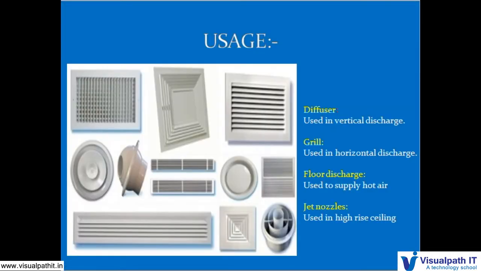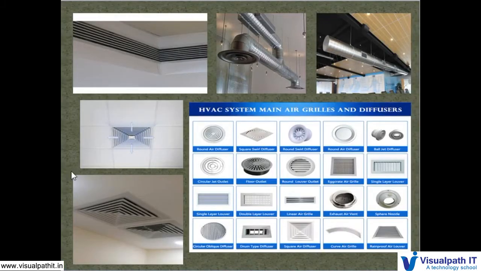Fine. Let's see the usage. Diffusers are used for vertical discharge, as we spoke before. See, this is kept in the ceiling. This is the diffuser. It's for the vertical discharge. When the chilled air comes from the duct, through this diffuser it comes into the building or the space.